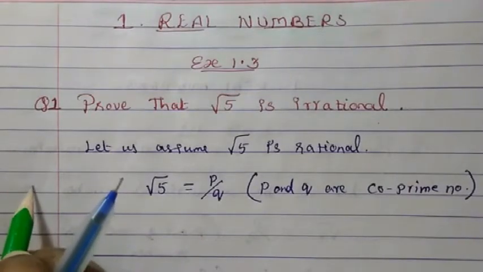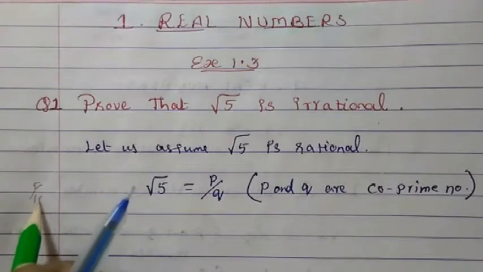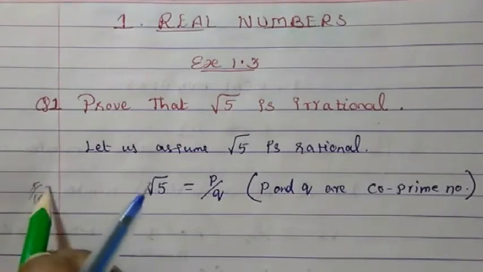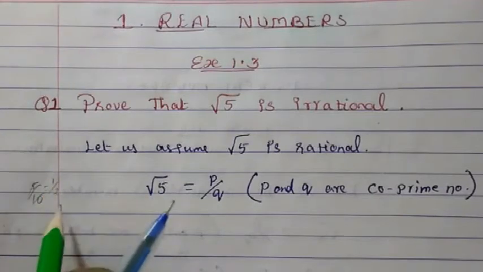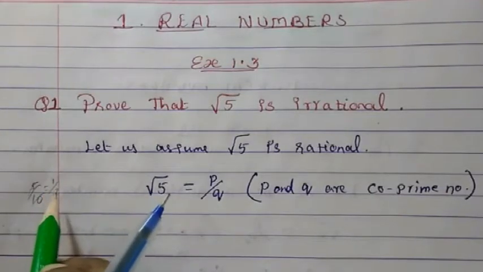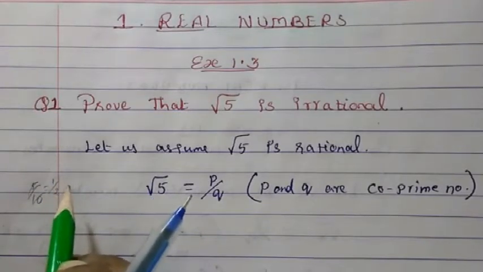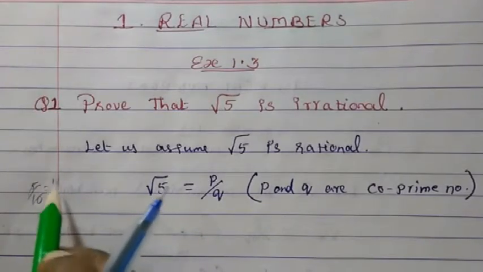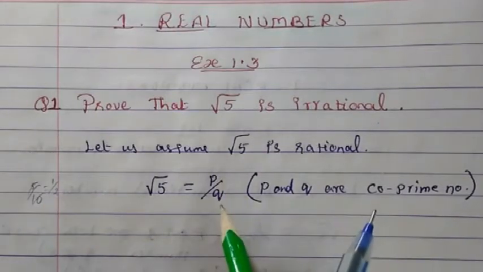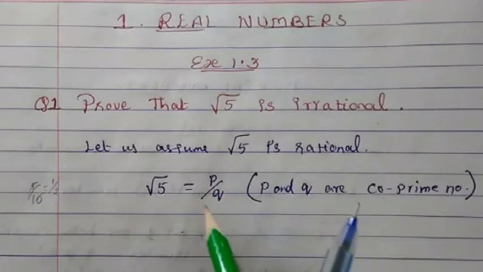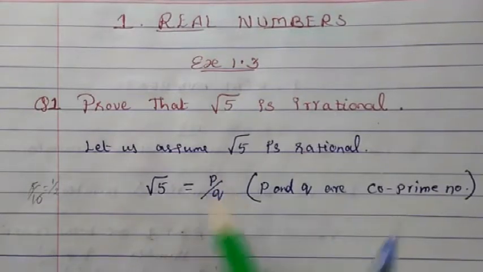For example, 5 upon 10, if you divide it, then 1 upon 2. Now 1 upon 2, you cannot divide any further. That is called co-prime numbers. And this 1 upon 2 doesn't have any common factor other than 1. So we say here that p and q are co-prime numbers. So it doesn't have any common factor.